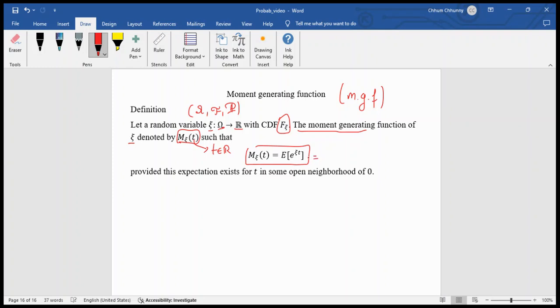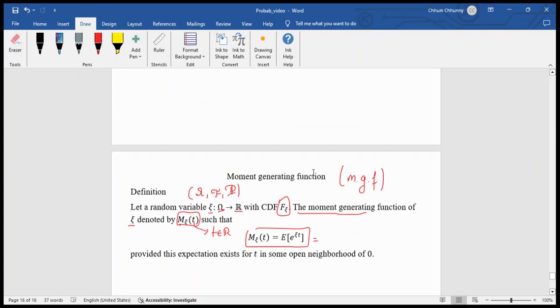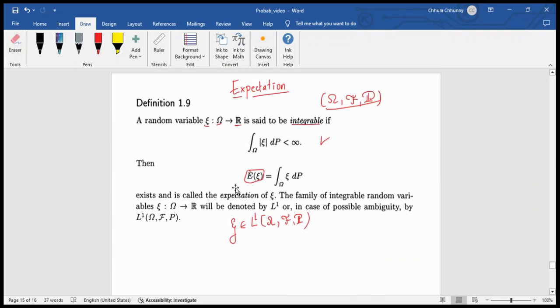In this case, we can also write it in integral form from the formula of the expectation. We know that the expectation E[ψ] is equal to the Lebesgue integral on the probability space defined like this.